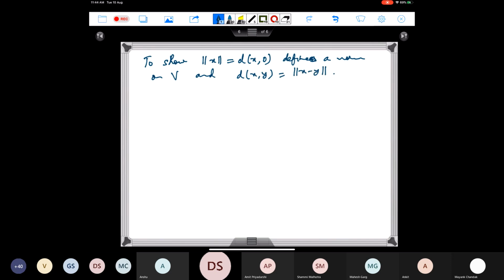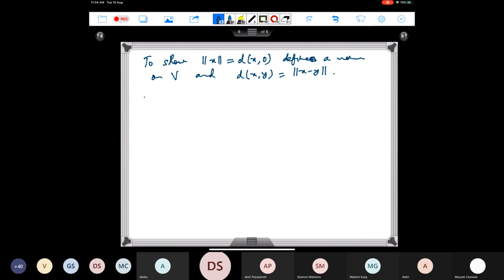Because this norm must induce the metric D. So why is this true? So how do we see that this is a norm?